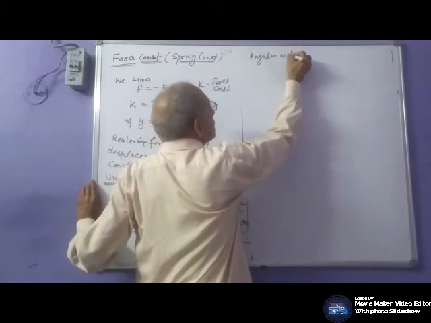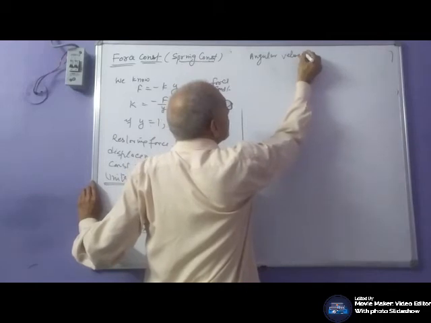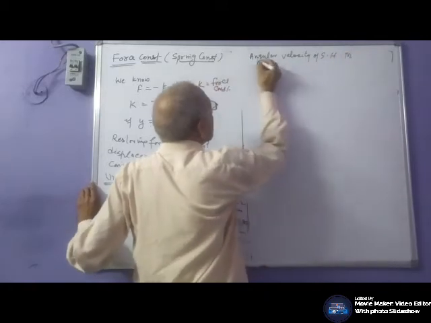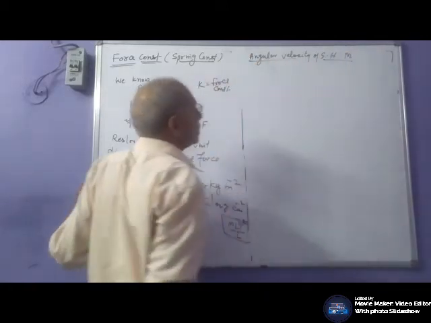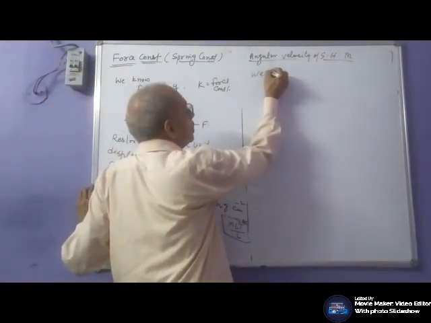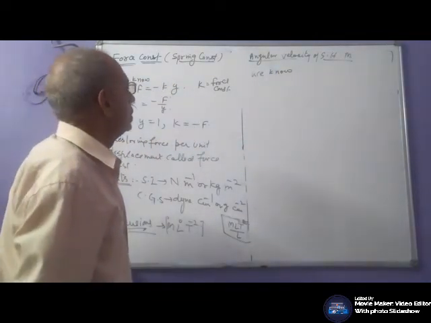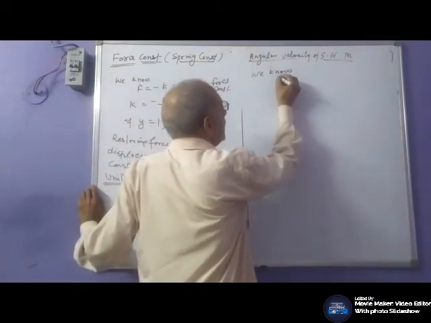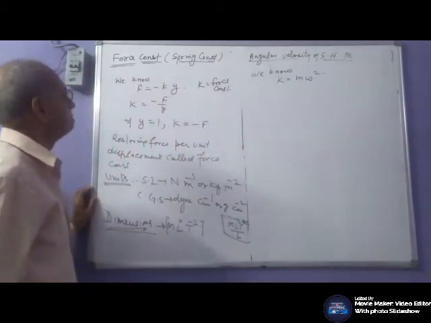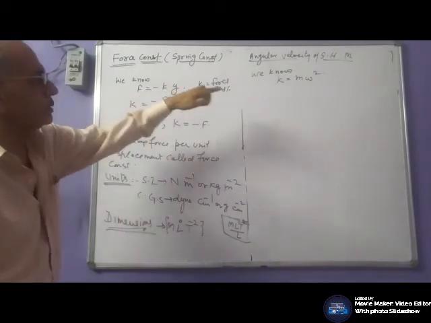Angular velocity of S.H.M. We know K is m omega square. This K was placed instead of m omega square, so K is this.